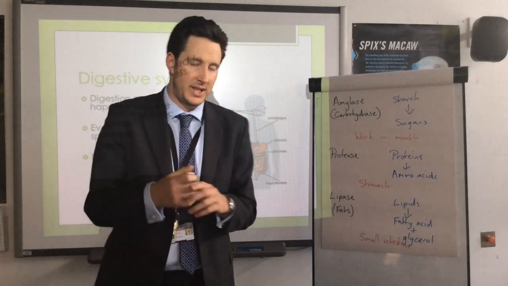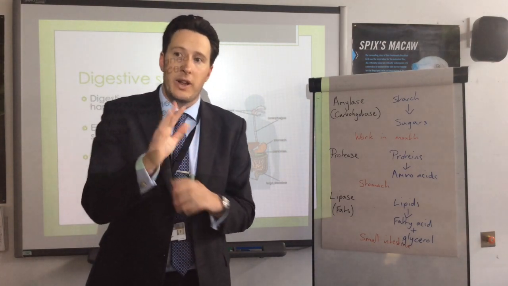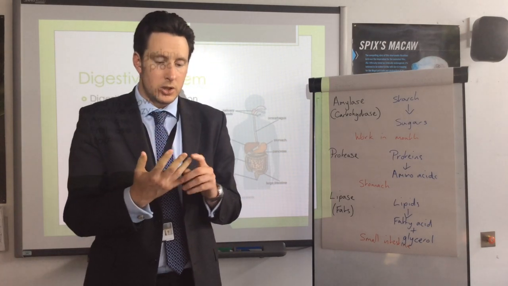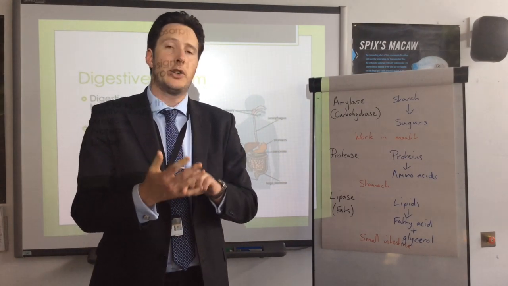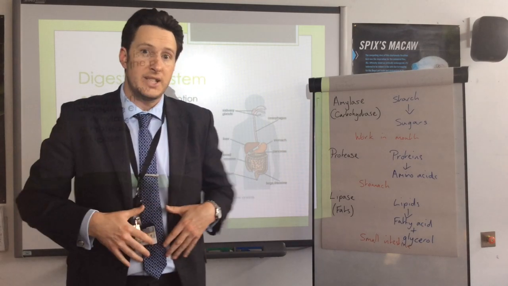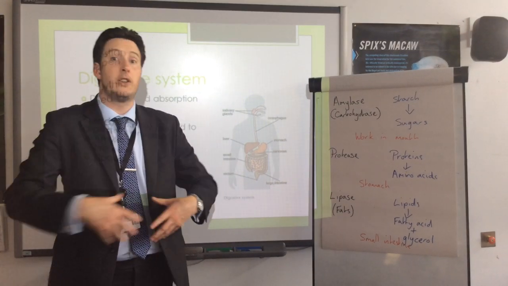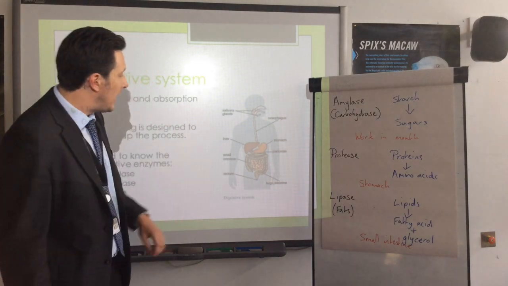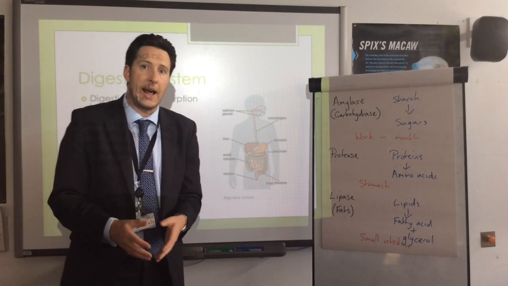So the small intestine, if you look at the surface of it, would have tiny finger-like projections on it. And those finger-like projections are called villi. They increase the surface area of the intestine so that food can diffuse into the bloodstream quicker than it would if it was just flat.